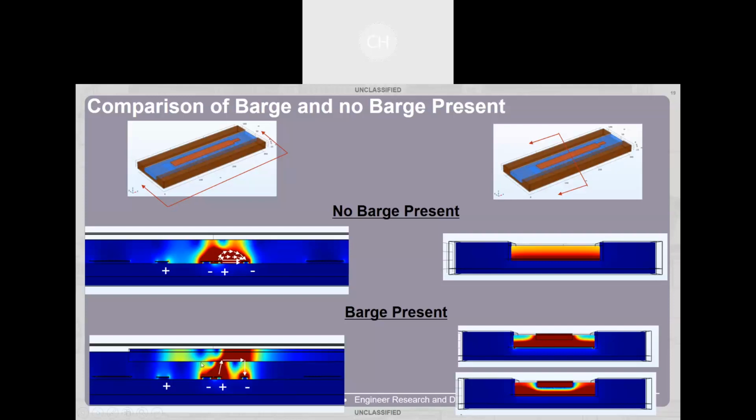However, you end up with bubbles here, but so much of your field now wants to go up towards that barge, because of having such high conductivity steel, that this field actually becomes significantly stronger. It's just changed direction.